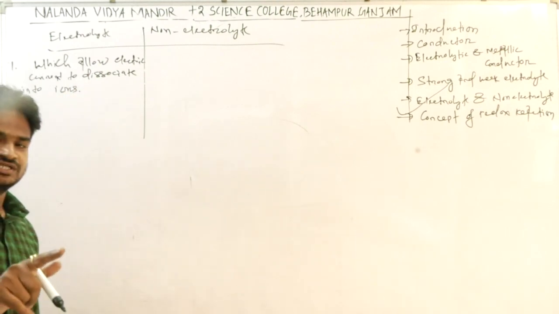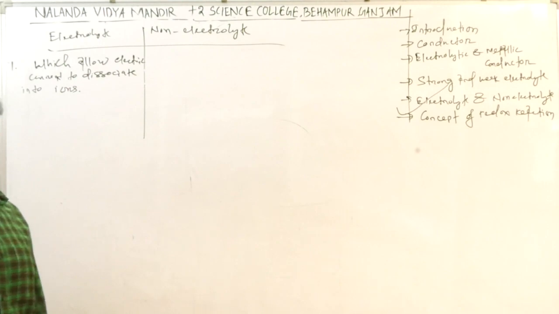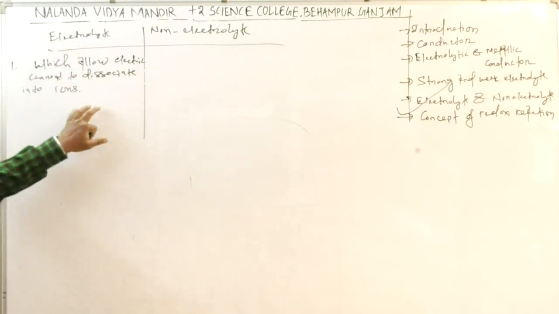The substance which dissociates into ions with the help of electricity is an electrolyte.